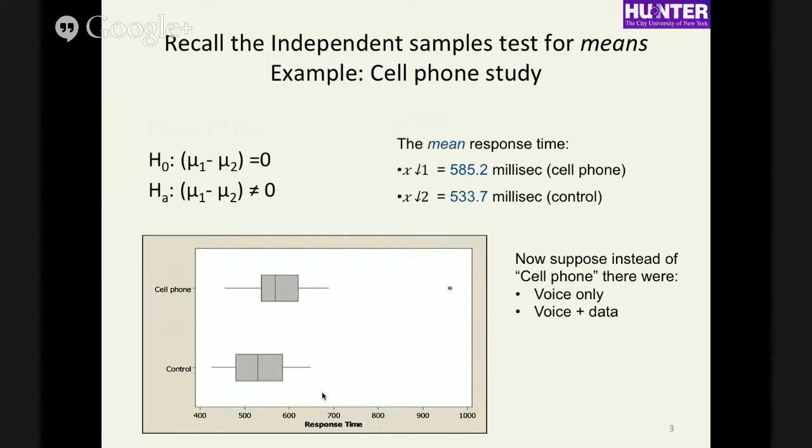There's the mean response time for people with no cell phone, mean response time for people who have an old-fashioned cell phone that only gets voice, and another group that gets voice and text messages and Facebook updates and whatever else on their cell phone. So there are three different groups, and this is where we will bring in analysis of variance.